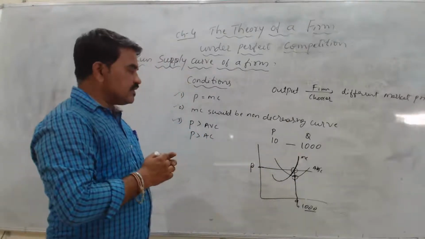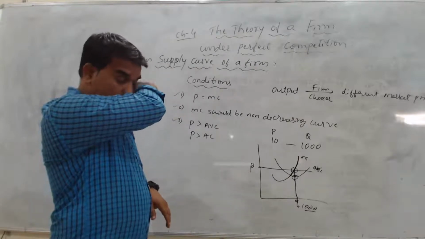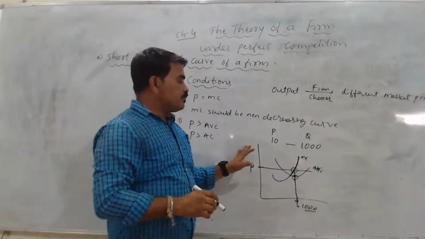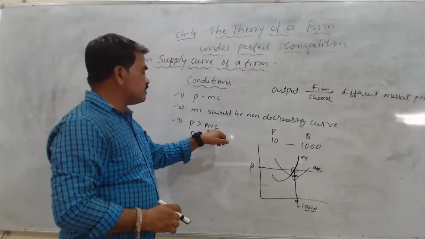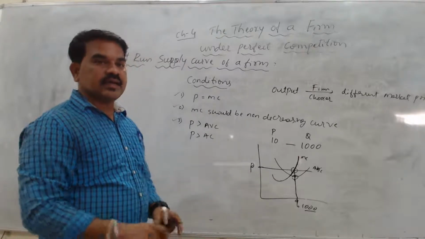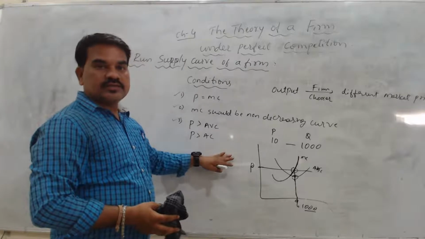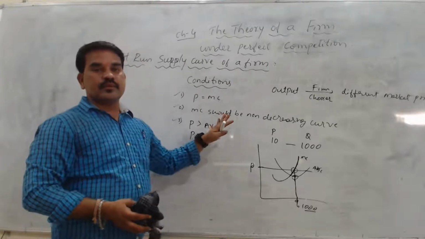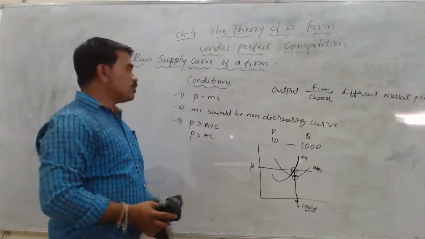So to understand that, first we need to know profit maximization at this price. There are two cases again. We need to understand in those two cases whether it is making maximum profit or not. That we are going to understand.